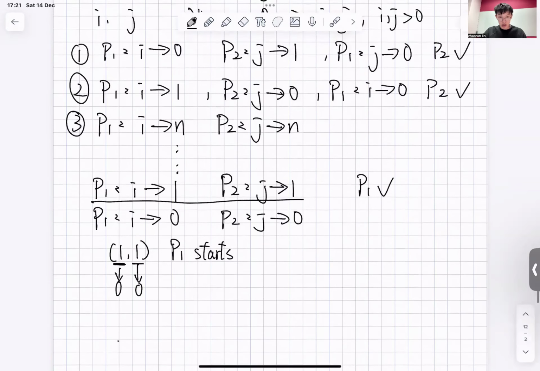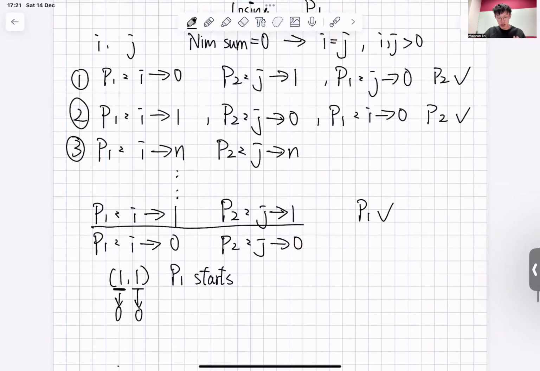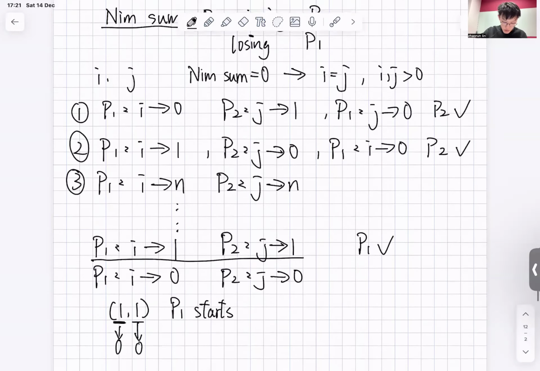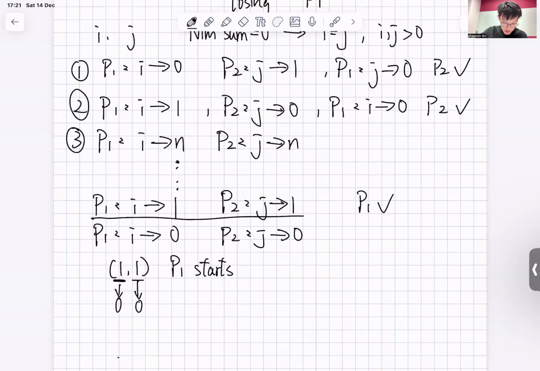But for all the other cases, player 2 can keep on copying player 1's move. We will not have a situation where player 1 reduces one number to 1 and player 2 still reduces the other number to 1, because if player 1 reduces a number to 1, player 2 can directly reduce the other number to 0. So it's the same case as the second case. He doesn't have to copy player 1's move this time, and player 1 still loses.